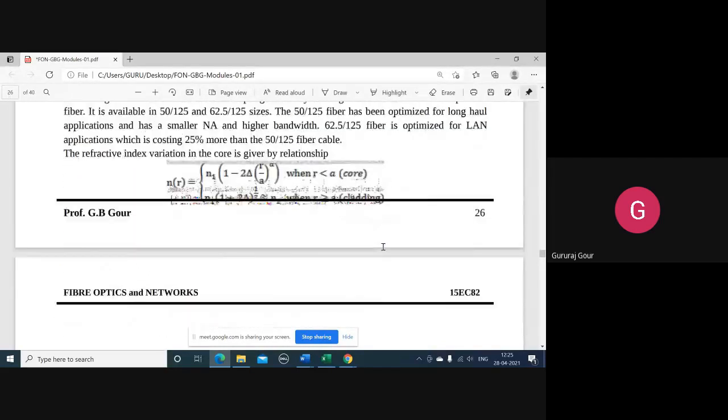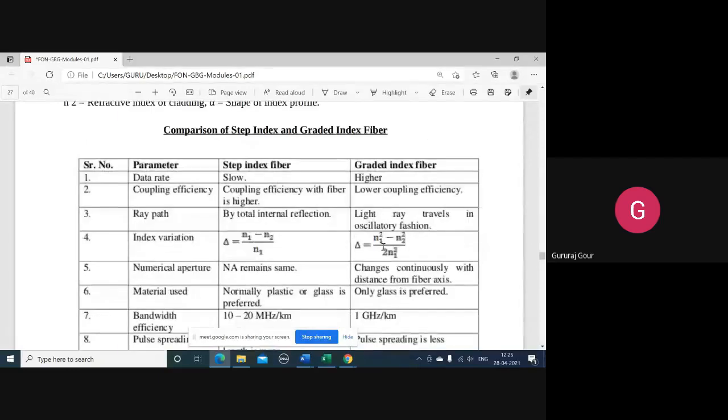So like that, we have seen two aspects here as a part of the discussion of modes in planar guide: single mode, multi-mode, step index, and graded index fibers. In a nutshell, you can see here a comparison table.